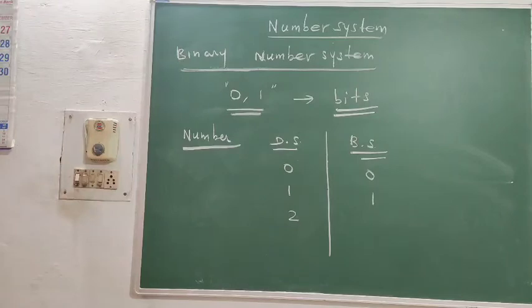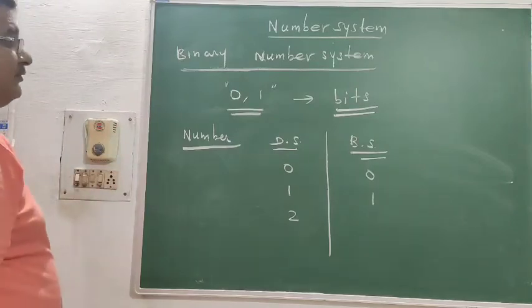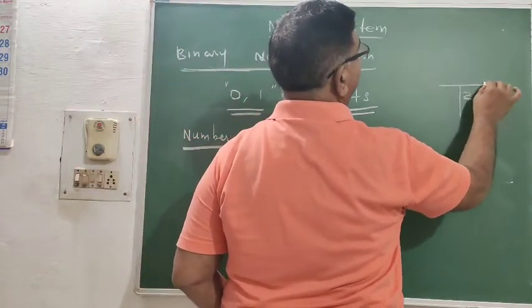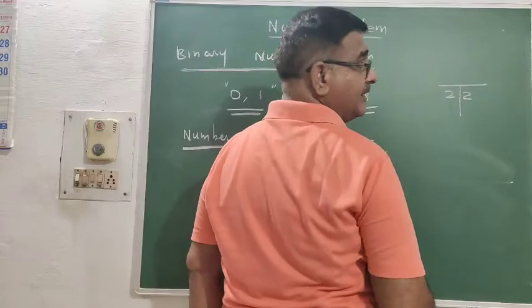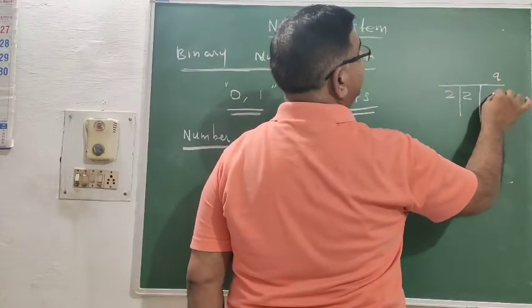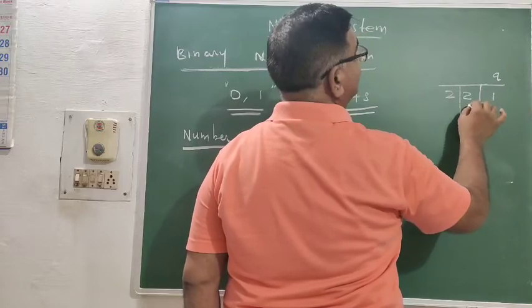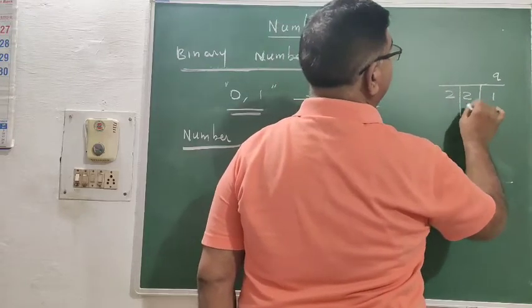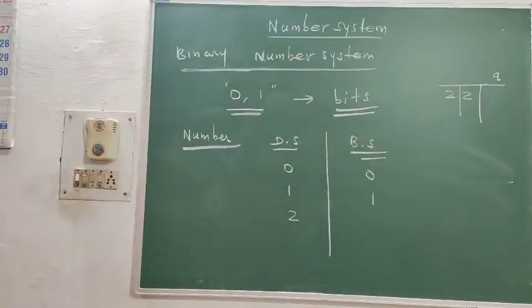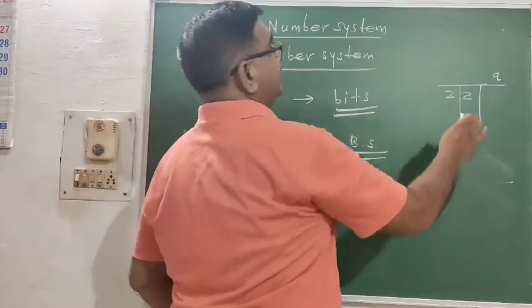To convert 2, we use a process. We divide 2 by 2. Write the quotient here and the remainder here.